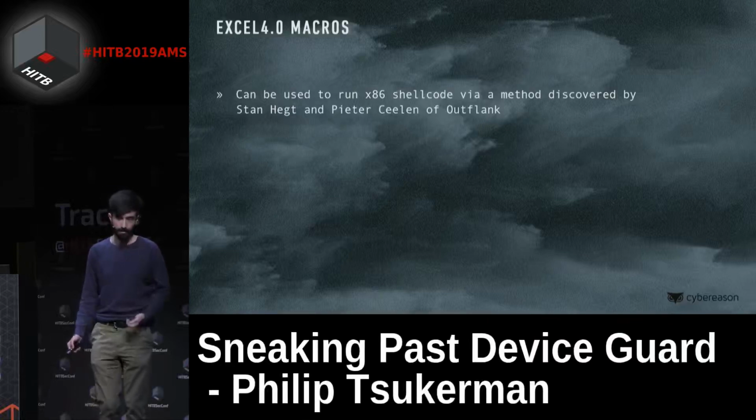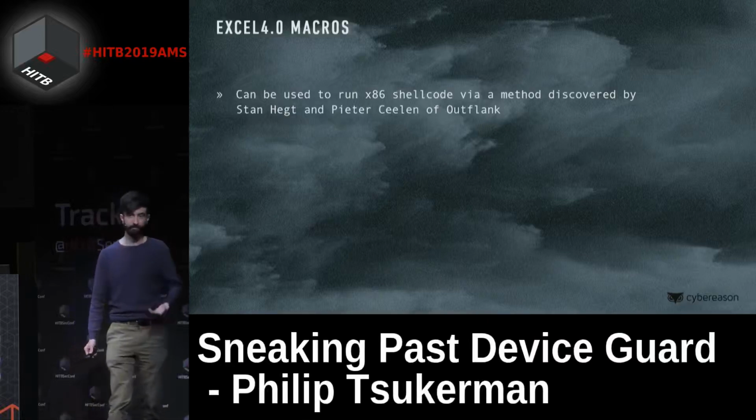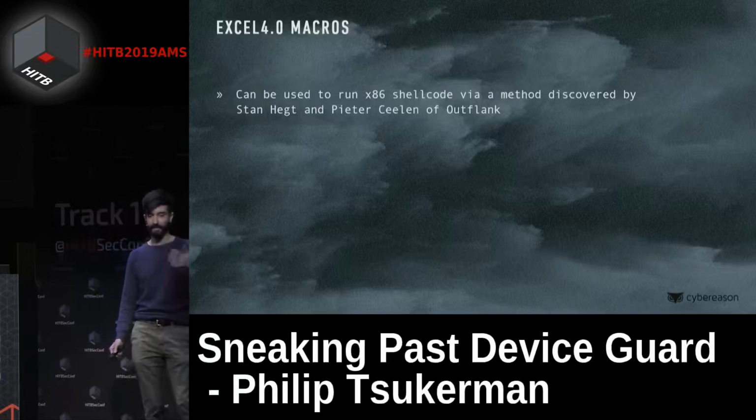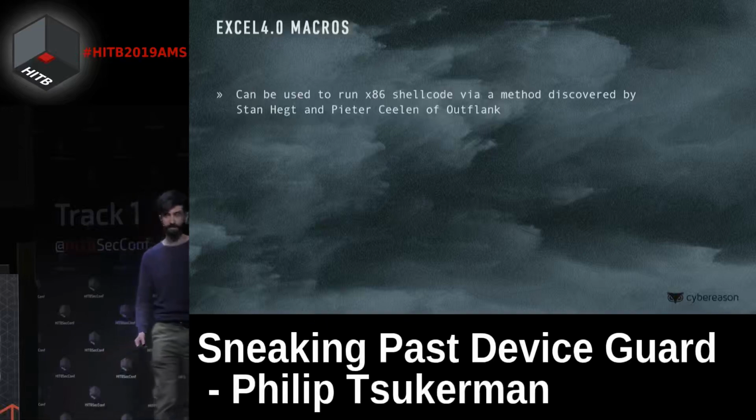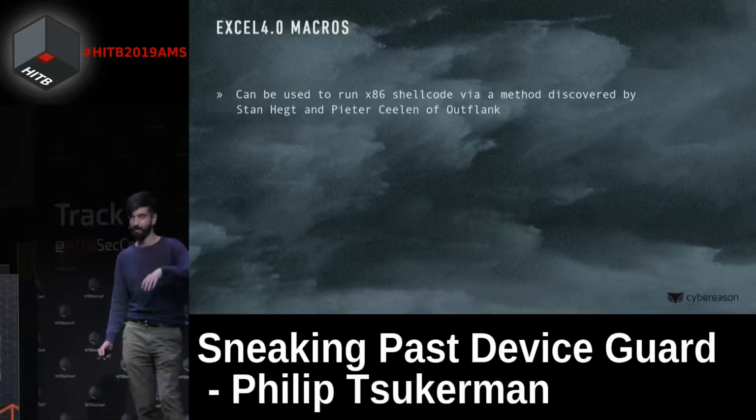and it's pretty horrible. Now, when I first discovered Excel 4.0 macros, I actually didn't find a way to abuse and bypass Device Guard with it because I was only able to run different command lines and run scripts, which, as I said, are instrumented by Device Guard.